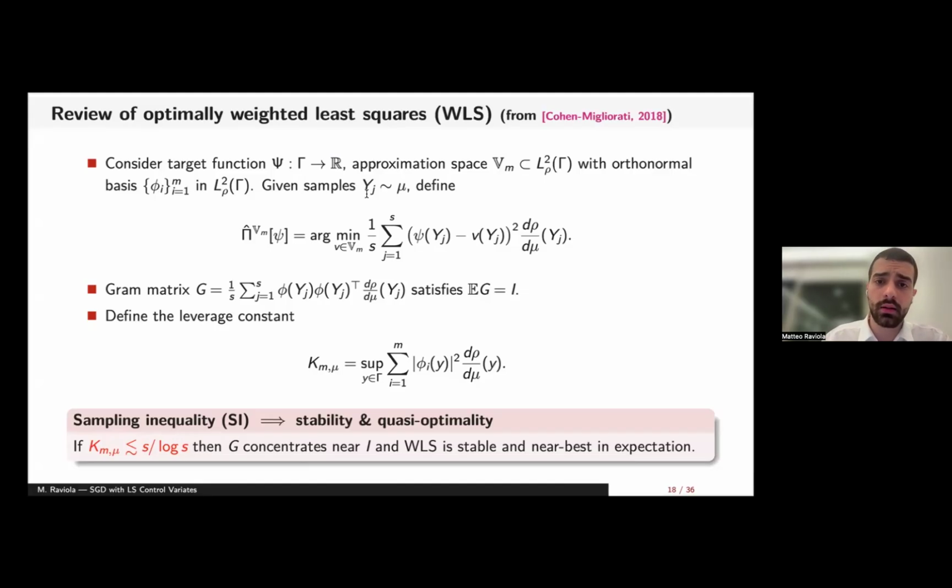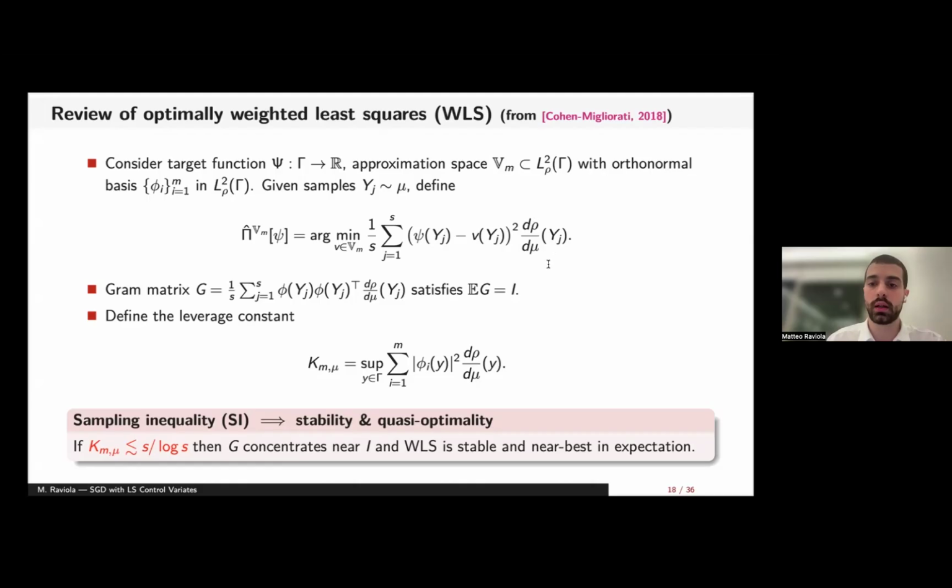And so given S samples from mu, we define the projection with exact data, which is given by this pi hat Vm of psi. Again, this is the same weighted least squares that we had earlier, but with exact data now. And then we have the Gram matrix, which is the discrete inner products between the basis functions.